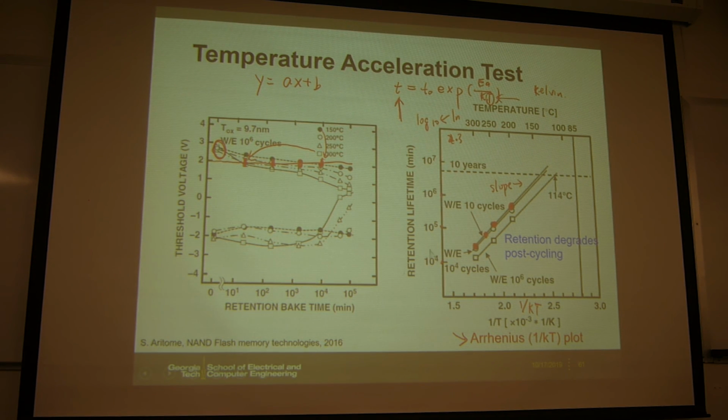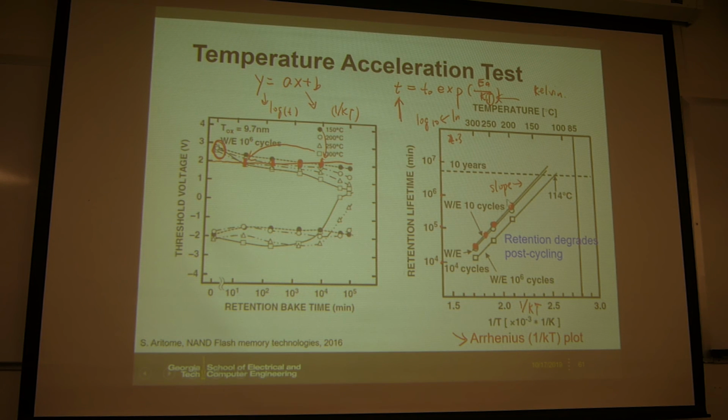So your y-axis is in the log scale of t. If you take log of this equation, then you will convert this, and then if you think y is like log t, x is 1 over kT as a variable, right? Then you change your plot to the linear scale. That's why you have a straight line here. Is this clear?